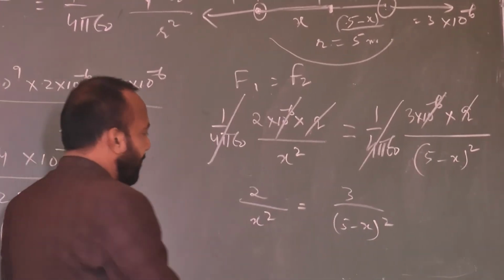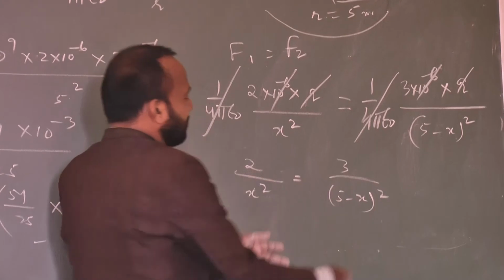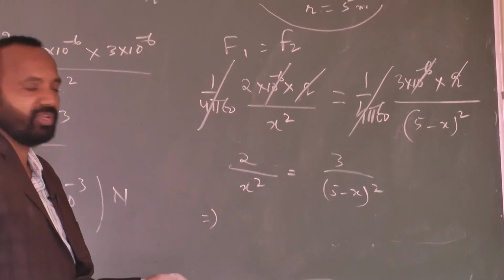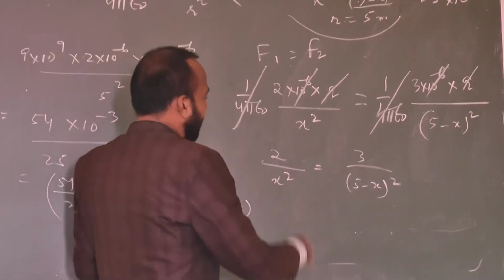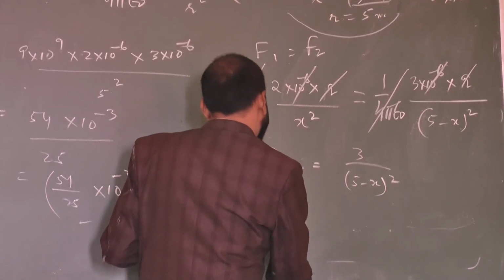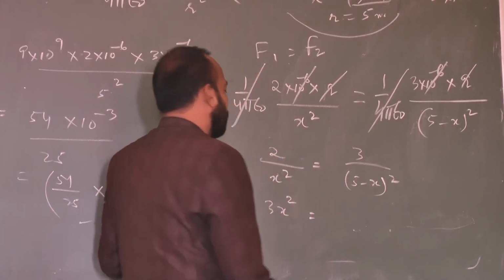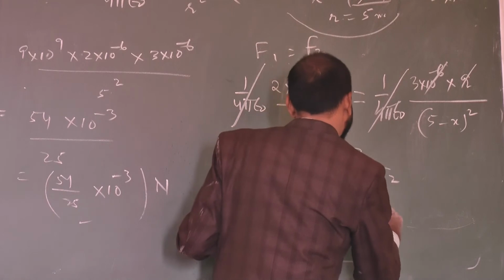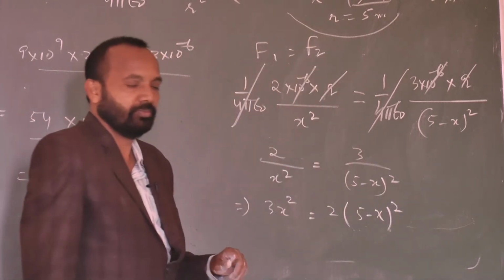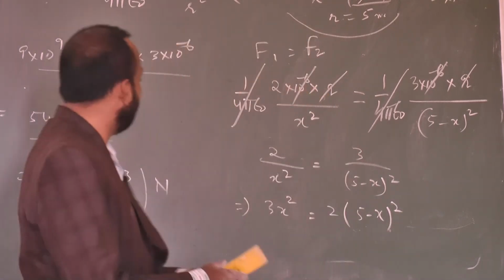This is a cross multiplication, so 3x square is equal to 2 into 5 minus x whole square. So I have to expand 5 minus x whole square.